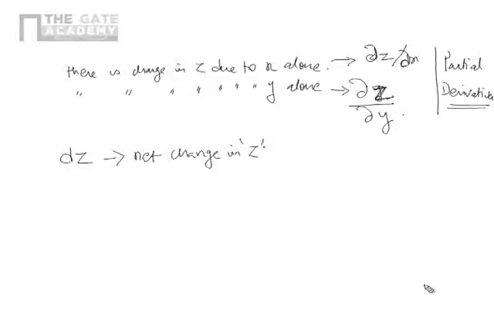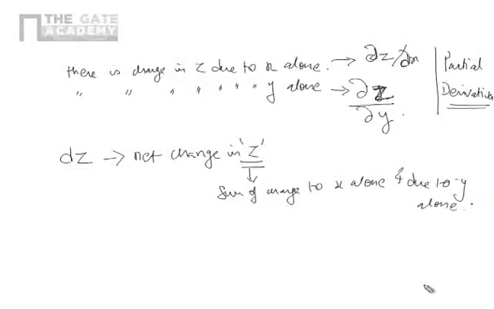And what will be the net change in z? It will be the sum of the change due to x alone and due to y alone. Correct? This is something like your individual marks, and this is something like your total marks.